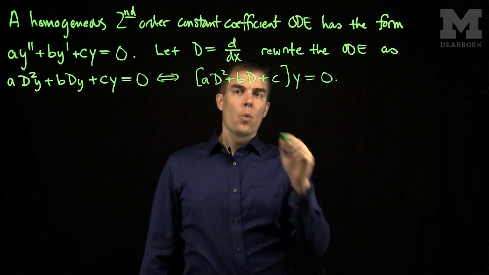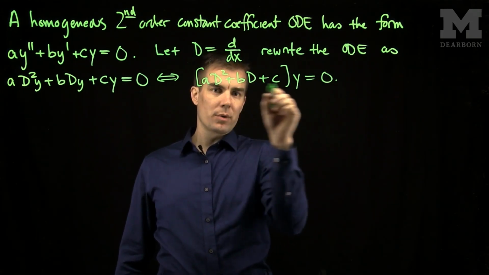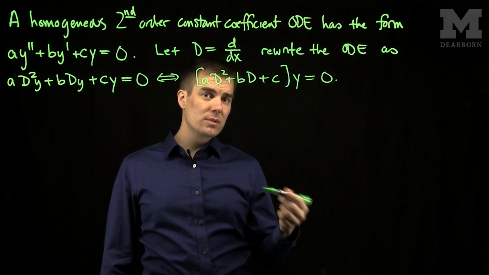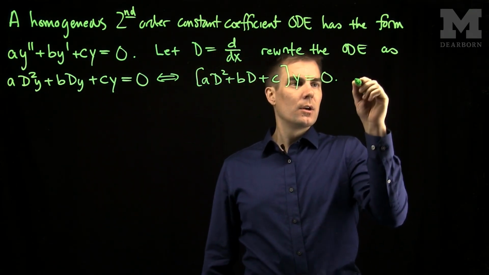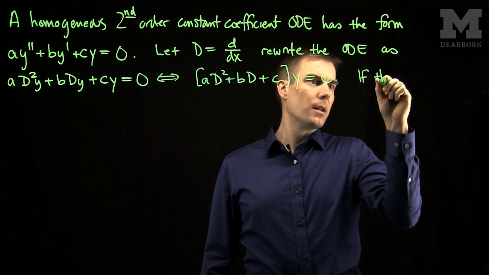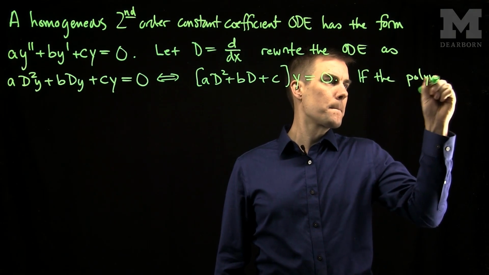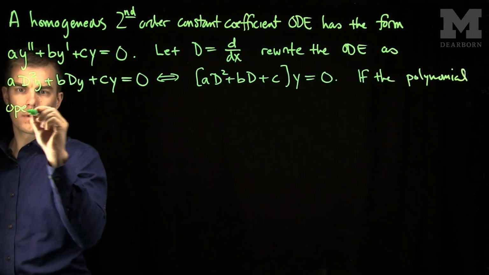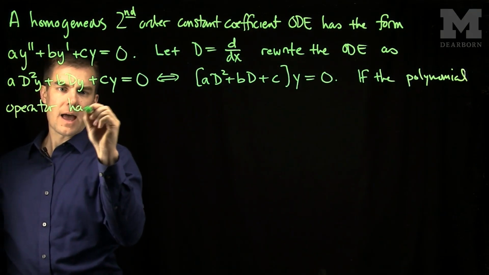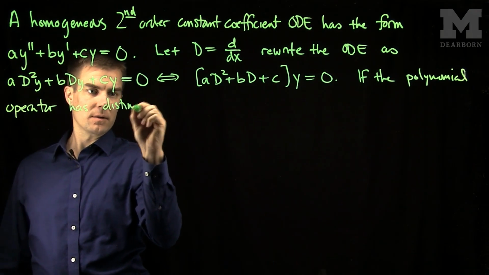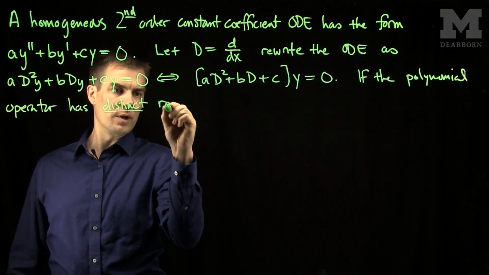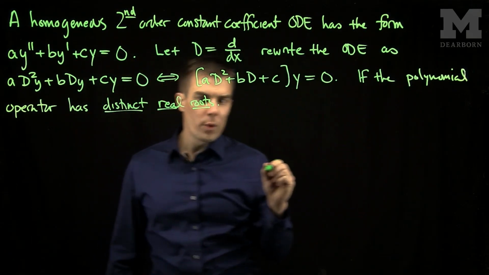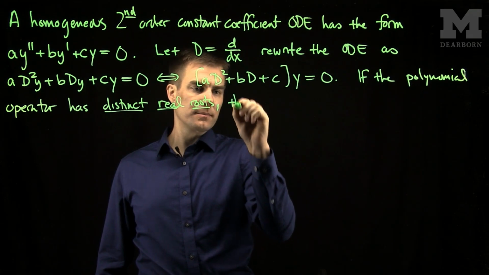In the case when this polynomial expression in D has distinct real roots, we can make use of the following algebraic fact. So if the polynomial operator has distinct real roots, we then use the following fact.